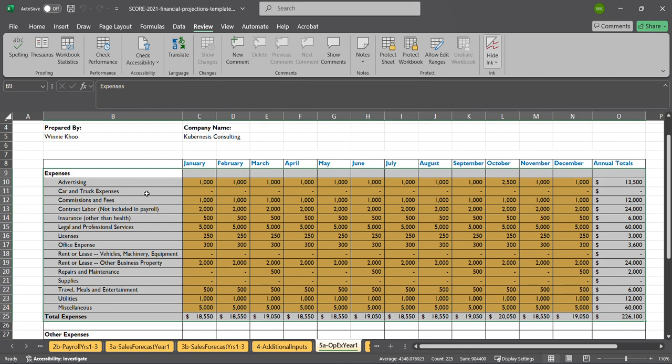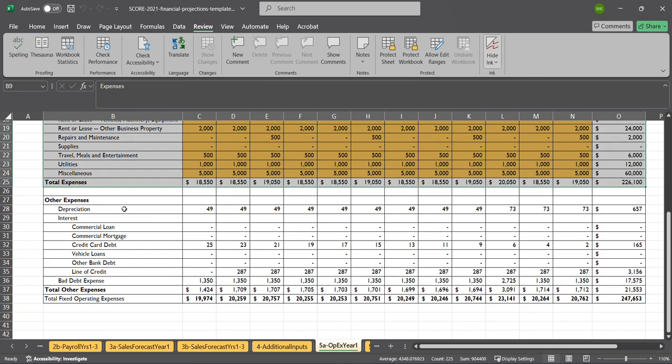So other expenses, like depreciation, interest, and bad debt, are incurred by the business, but they're not directly related to the day-to-day operations of the business.